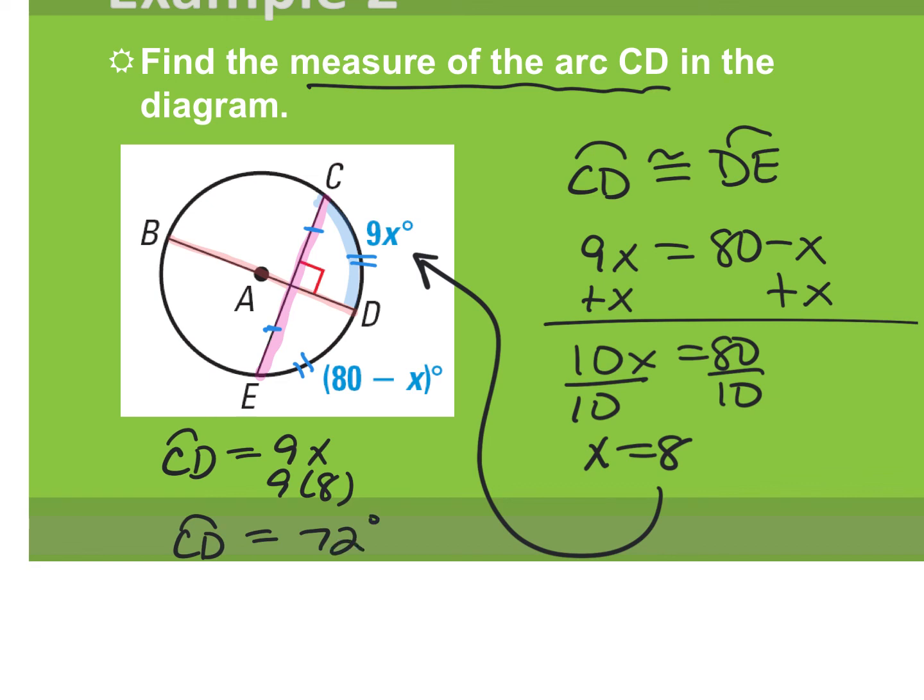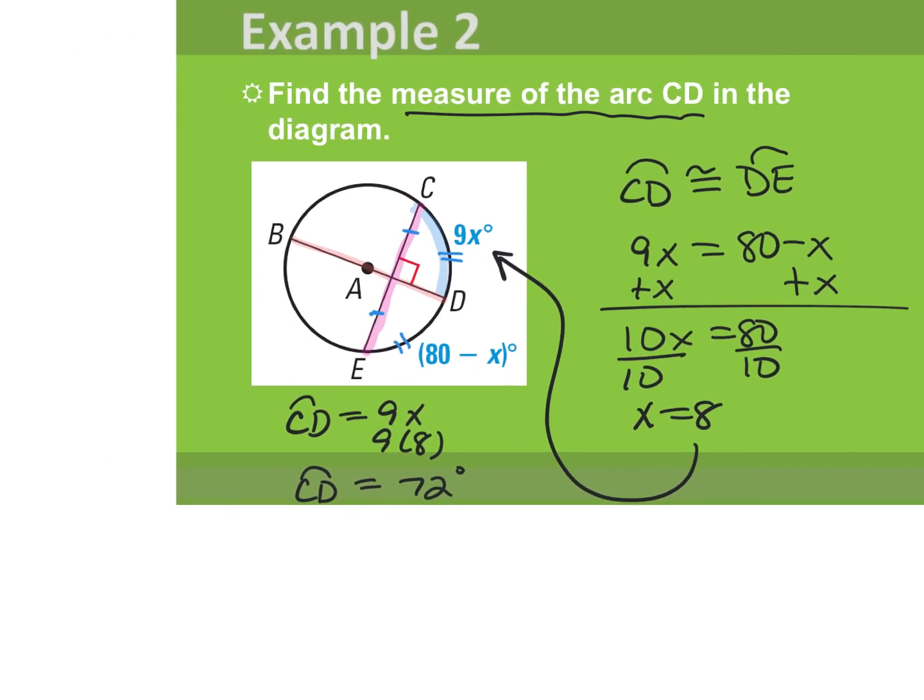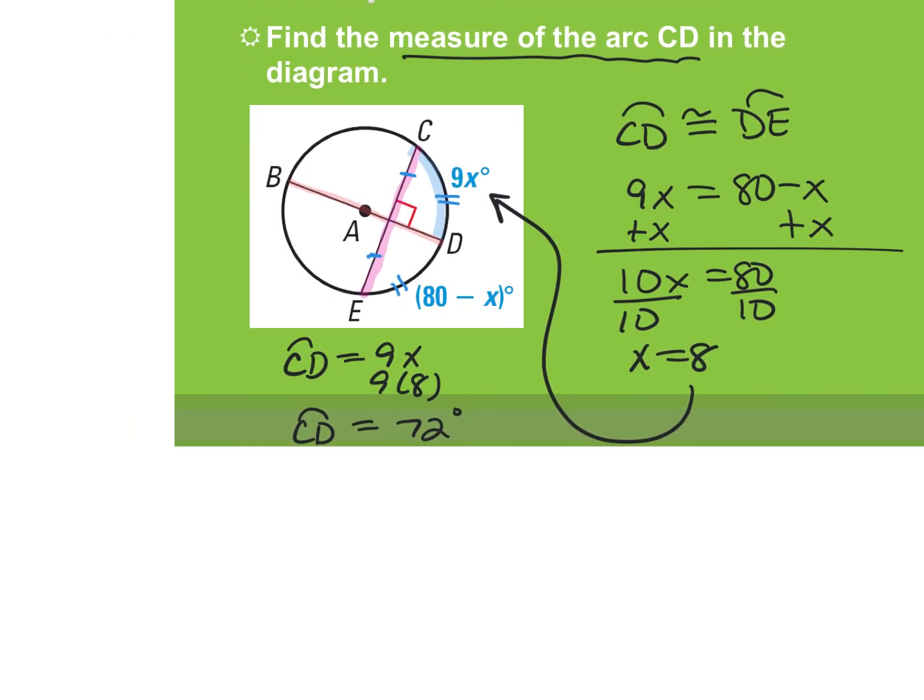Now, just to modify this a little bit, let's say they asked us to find the measurement of arc BC. BC is over here. Let me highlight this in pink. Realize that the endpoints here, this is actually a diameter here, so this would be a semicircle arc.